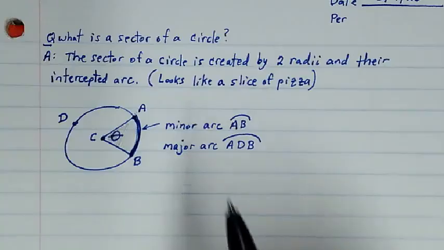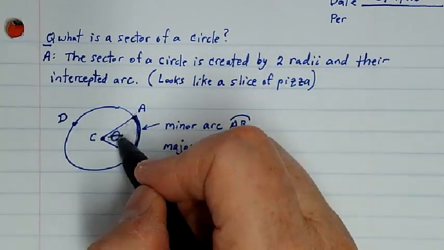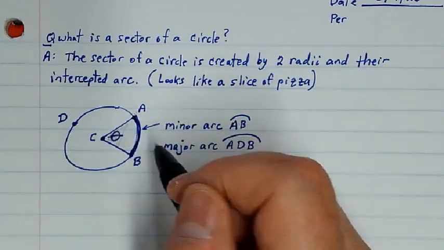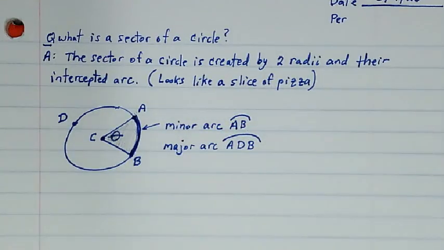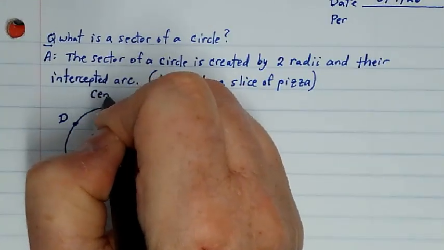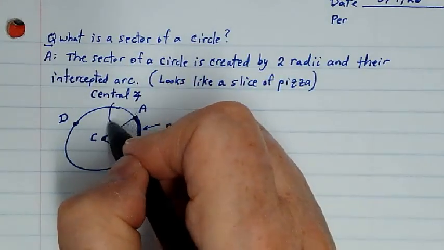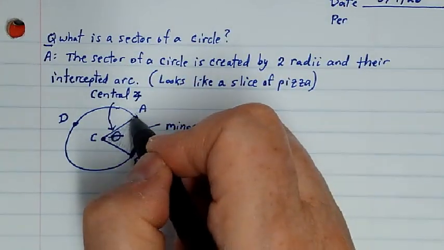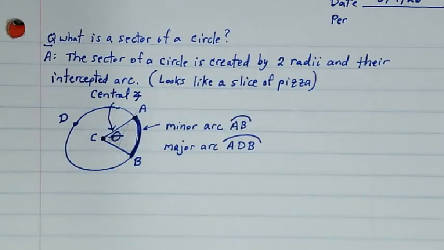For the purpose of this section, we're going to use theta to represent the measure of the central angle in degrees. I just want you to know that this is an example of a central angle, because the angle is created by the two radii and they intersect each other at the center of the circle. So it's a central angle.